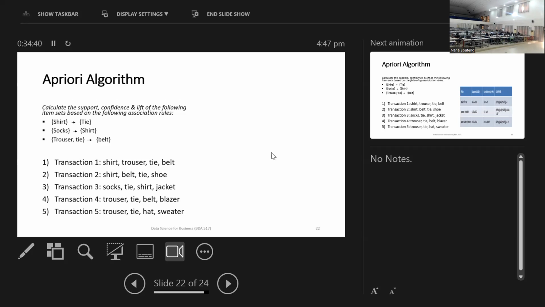So we have 5 transactions. What is the support for the trouser type and tie? What is the support for trouser type?